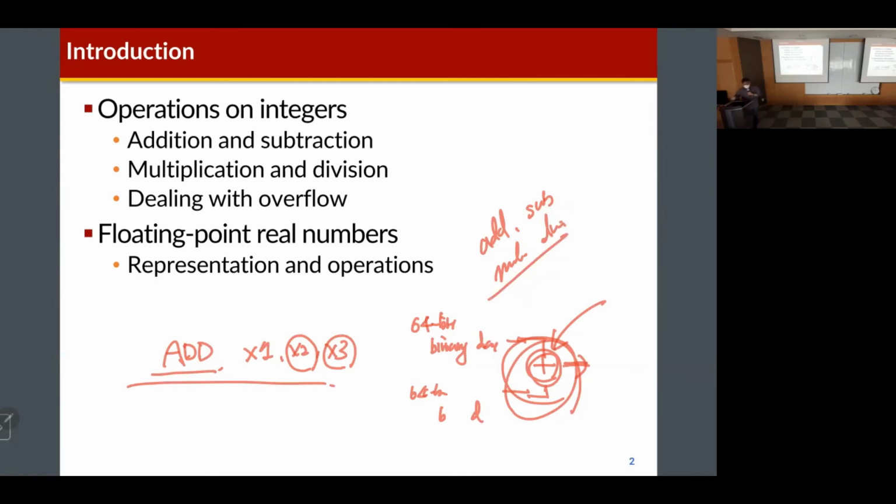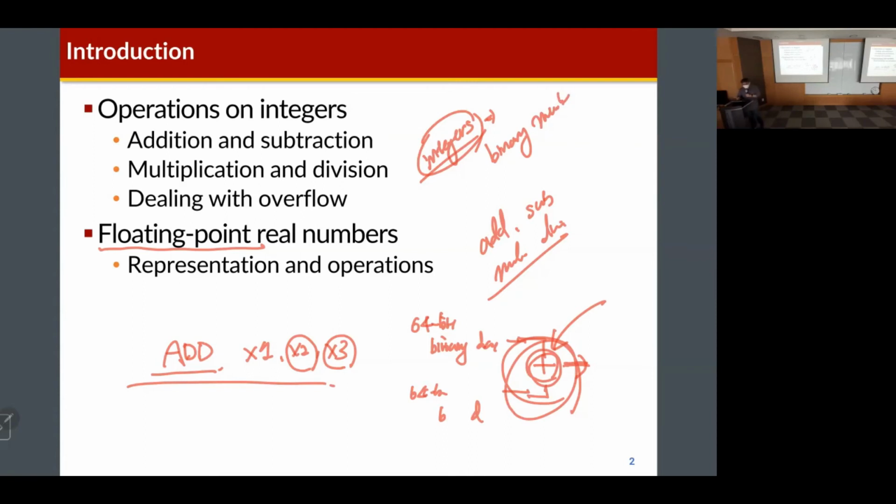Also, in chapter 3, we will learn how to represent floating point numbers. So what are floating point numbers? We are very familiar with integers, because in a computer system, an integer is just a binary number.